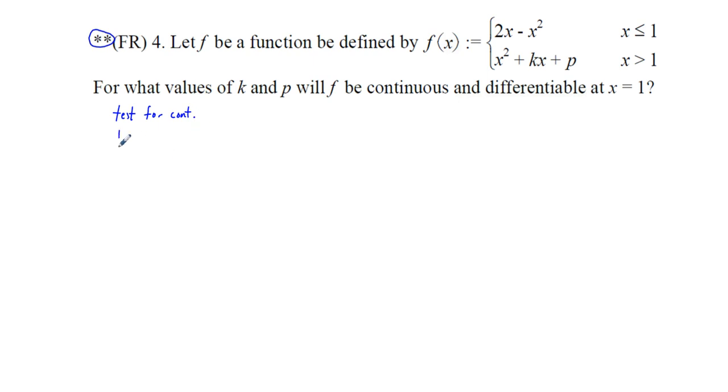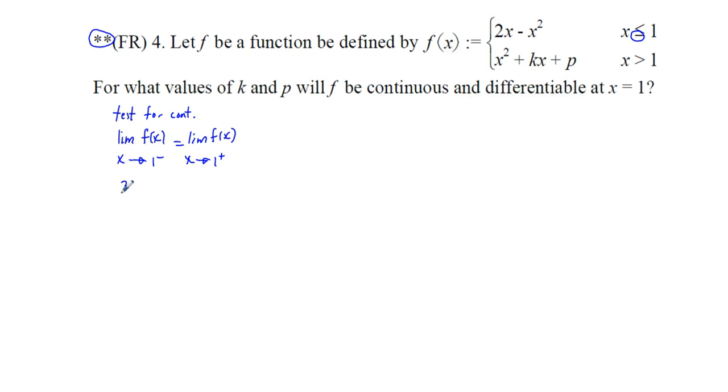To do that, we say the limit as x approaches 1, our breakpoint, from the left side of f of x is equal to the limit as x approaches 1 from the right side of f of x. And on the left side we have less than or equal to, so we know that f of 1 is defined.